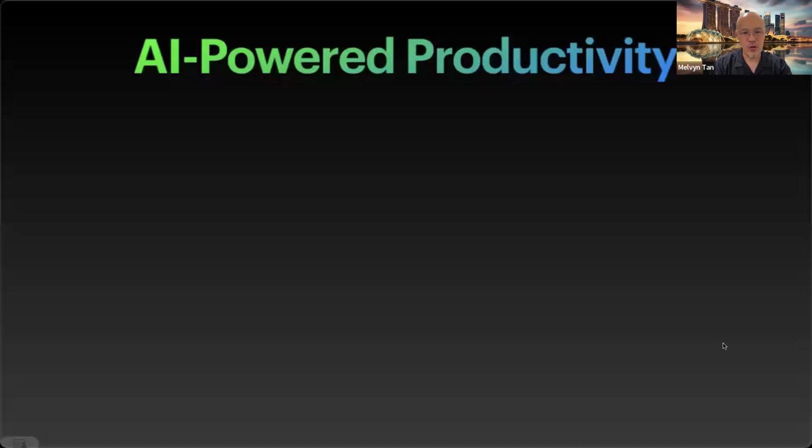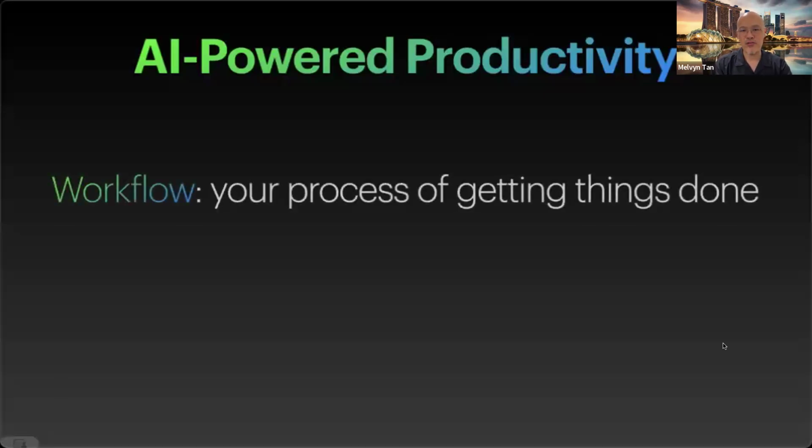When we talk about AI productivity, there are four keywords that I'd like you to remember. The first keyword is workflow. Workflow is just a fanciful way of saying getting things done. So how do you get certain things done? For example, if you need to write an article, what is the process you take to go from an idea to a complete article?